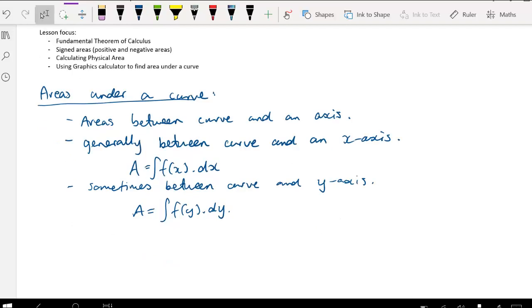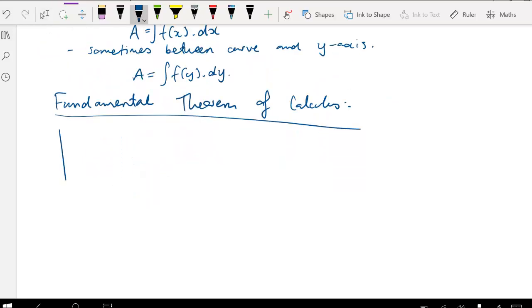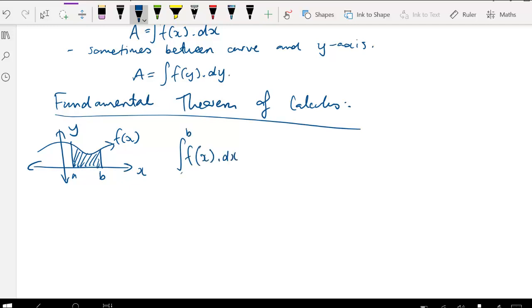And so that means we're looking at the area as an integral of a function of y with respect to y. So for areas under the curve, we'll be focusing on the fundamental theorem of calculus that was covered in the methods syllabus. When we're looking at some function f of x and trying to find the area under the curve between a and b, that can be done by looking at the integral of f of x dx between a and b, and it will be the difference in the primitive at point b and the primitive at point a.